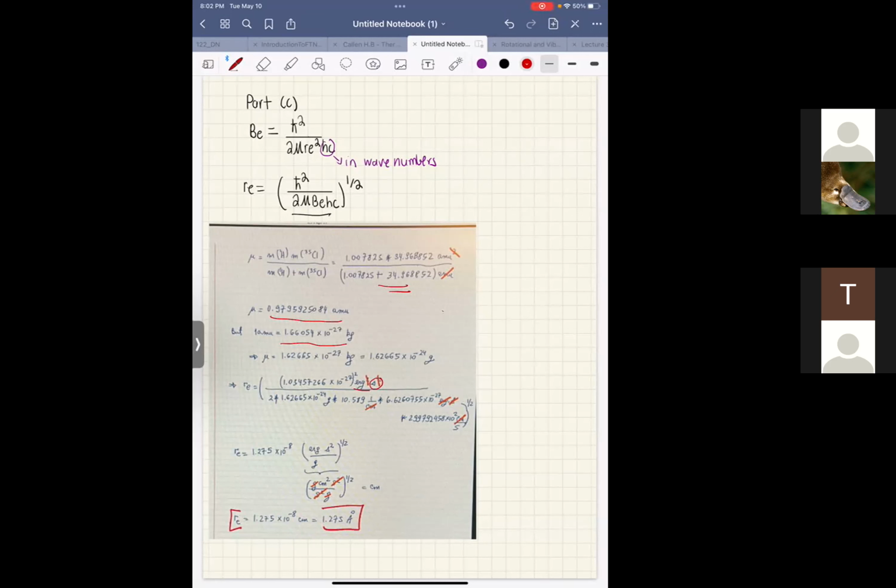And what he did too was 2 times the reduced mass, and then BE, and lastly HC, because we are using wave numbers, which is kind of like wavelength, so we have to divide by HC, and then we get RE is equal to this answer.